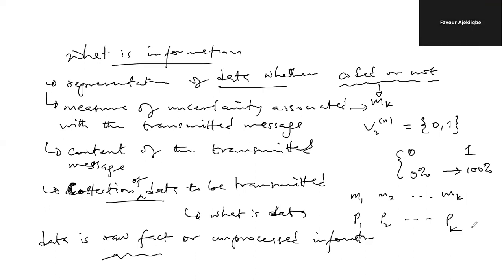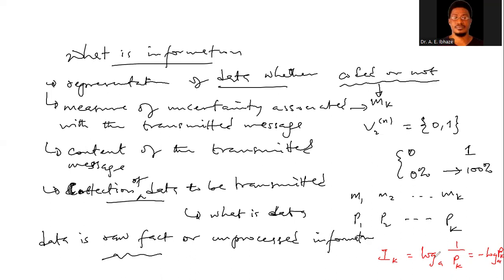Now, if that is true, then information may be described as the logarithmic function of the inverse of the probability of occurrence, which is the same as negative log base a of p_k.